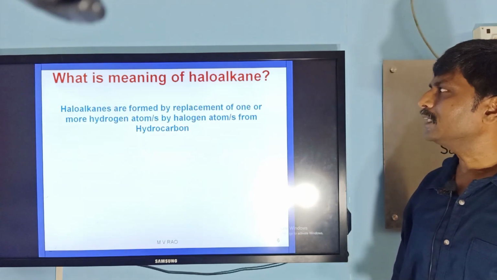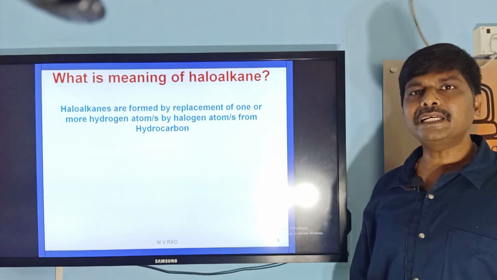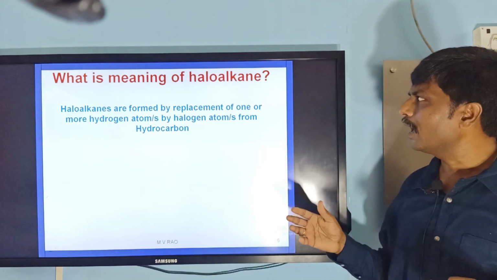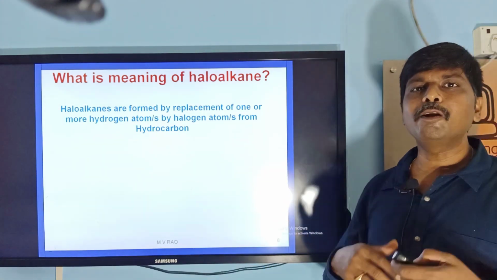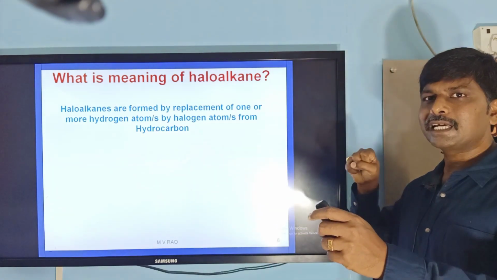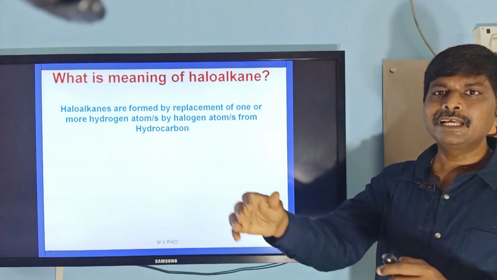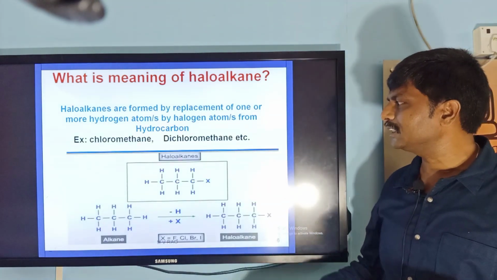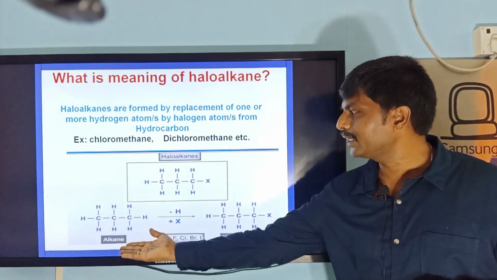So haloalkanes are formed by replacement of one or more hydrogen atoms by halogen atoms. You take an alkane, you remove one hydrogen and add halogen, then you will get haloalkane. You can see in this structure, in this slide, I taken one alkane, propane.